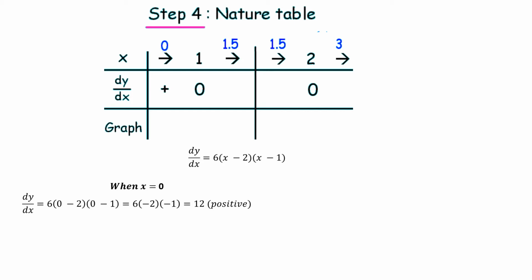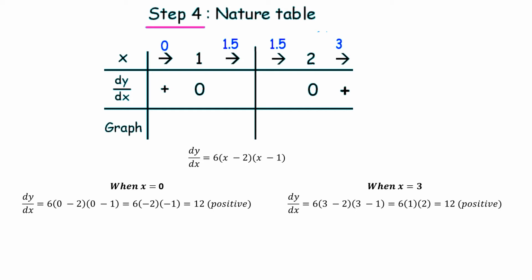Next one I'll do it for when x equals 3. Again, 6 bracket 3 minus 2 bracket 3 minus 1. That gives you 6 bracket 1 bracket 2, which again gives you 12, which is positive. So we can put a positive in the dy by dx row of the nature table.